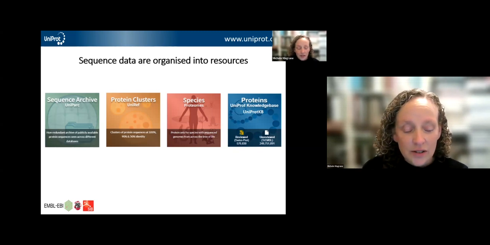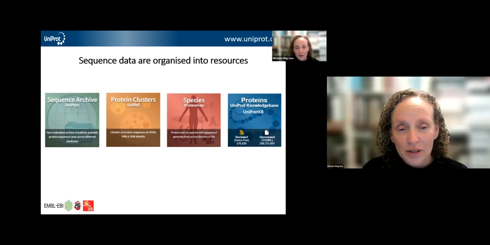Access is provided to proteins which are part of complete proteomes through the UniProt Proteomes portal. But the centerpiece of the activities of the consortium is production of the UniProt knowledge base, which acts as a central hub for functional information on proteins and also provides access to their sequences. My talk today will focus on production of the UniProt knowledge base.